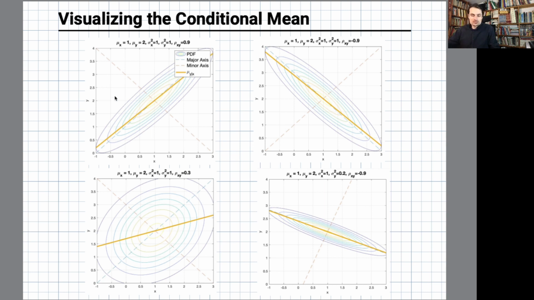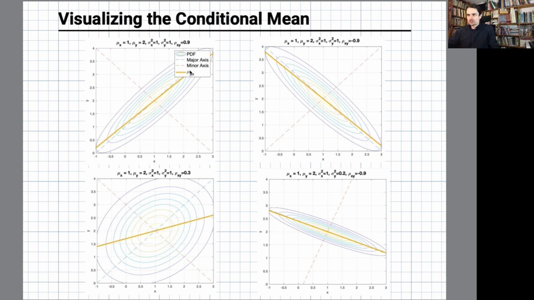The maximum of that Gaussian belt must be necessarily on this blue line that represents the major axis. Okay, so this was the first observation.